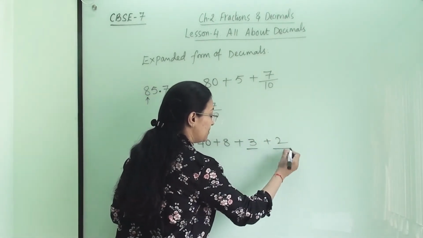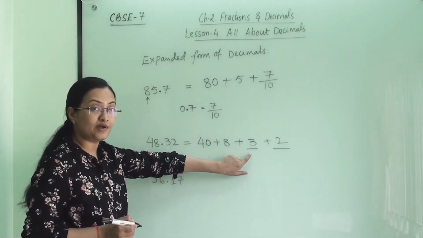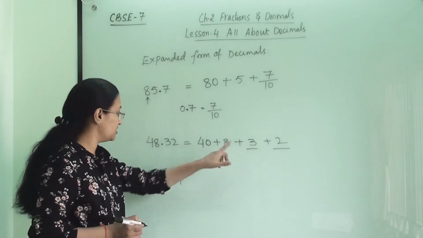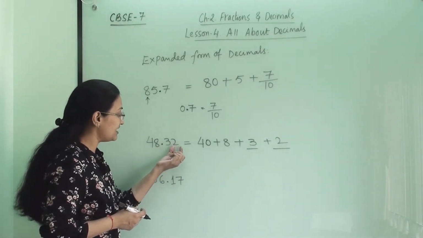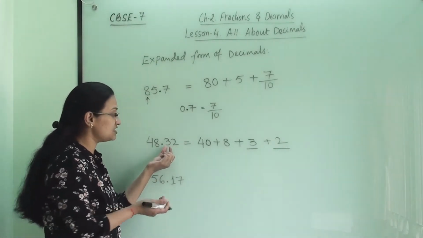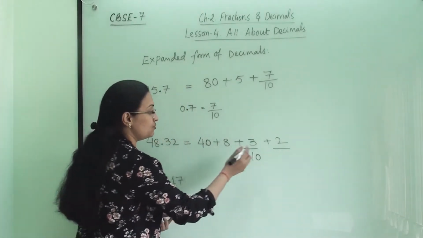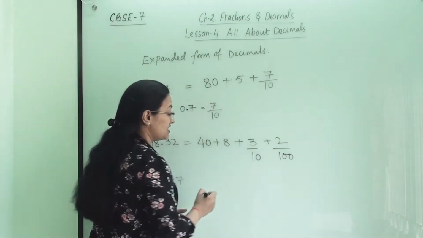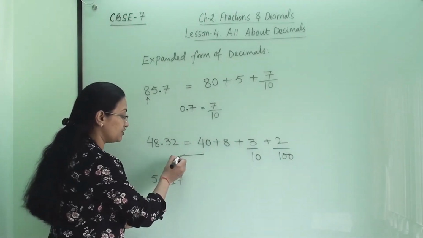Now we have to mention their fractions in the denominator. After the decimal, 3 is at the 10th position and 2 is at the 100th position. So in 3's denominator the 10 will come, and in 2's denominator the 100 will come. Yes, when we are counting the decimal places from the right side.